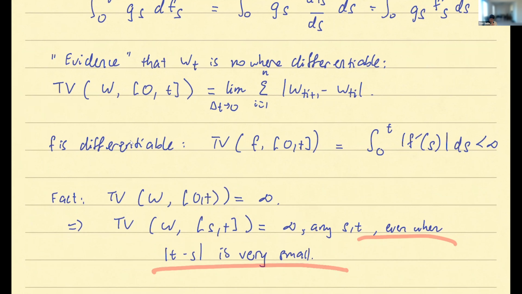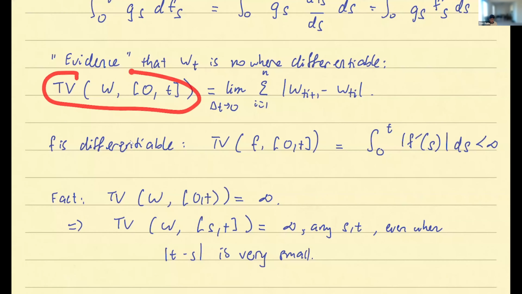Now, again, to drive this point home, total variation is a word in math. What's the corresponding concept in physics for total variation? In physics, what would they call total variation?